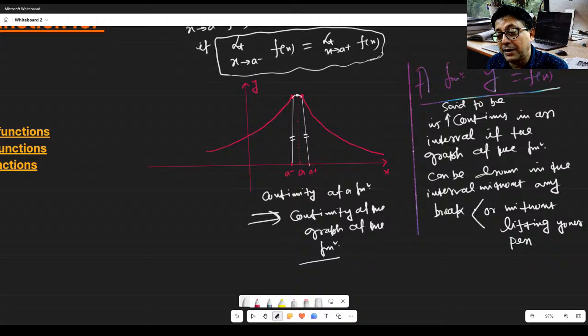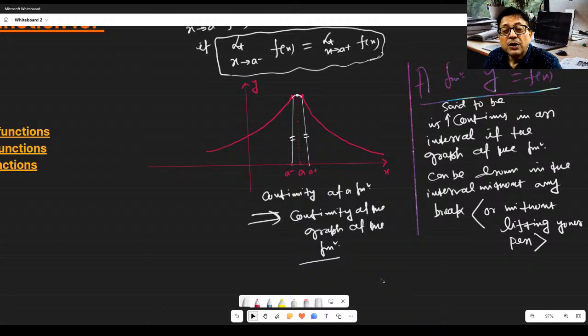Whatever you are using to draw the graph of the function, if you can plot the graph without lifting the pen or pencil, then the function is said to be continuous.